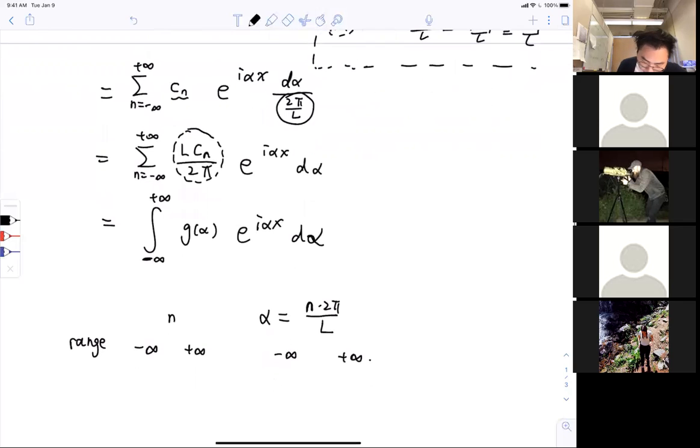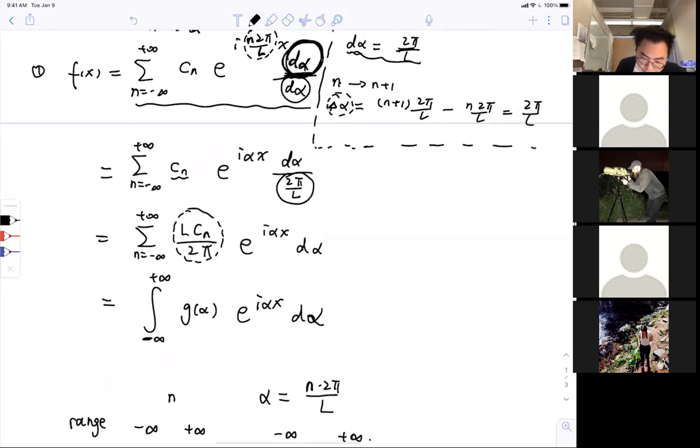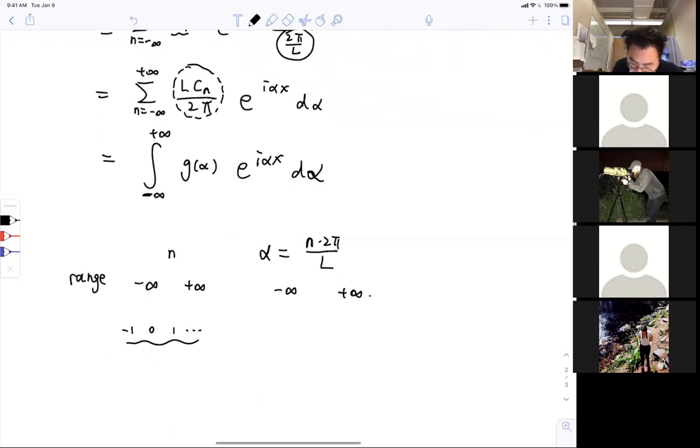Let's look at n. Originally it is a discrete value, right? It's minus 1, 0, 1, stuff like that. That is the reason why originally we have a sum instead of an integral. But alpha is a continuous variable. Why? We only need to look at the increment.